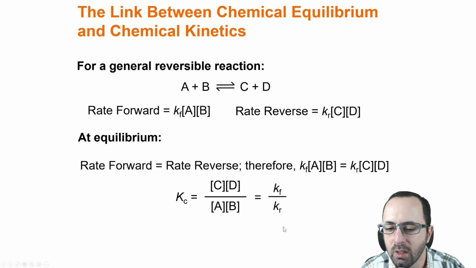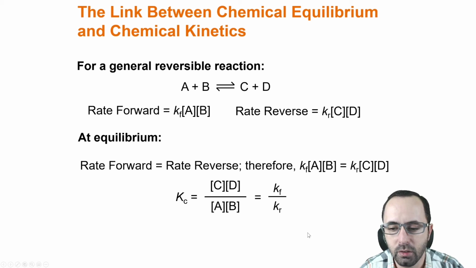When we move into the thermodynamics chapter near the end of the class, we'll have very strong links between the equilibrium constant and other important thermodynamic data for a particular reaction.